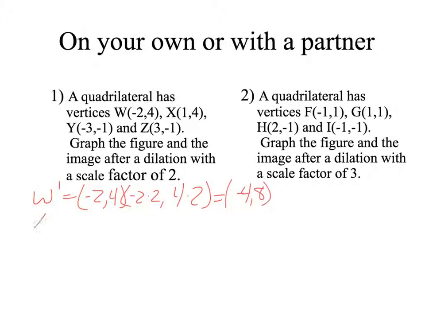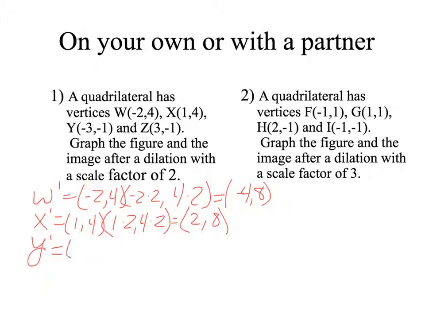X is at 1, 4. Multiply each by 2, and X prime is at 2, 8. Y is at -3, -1.